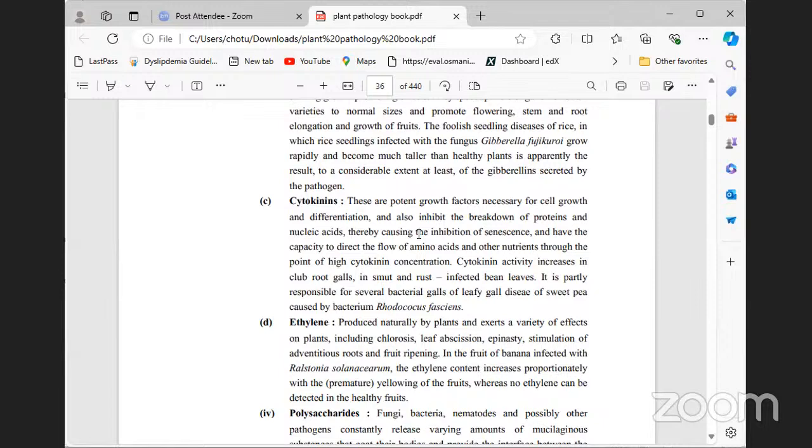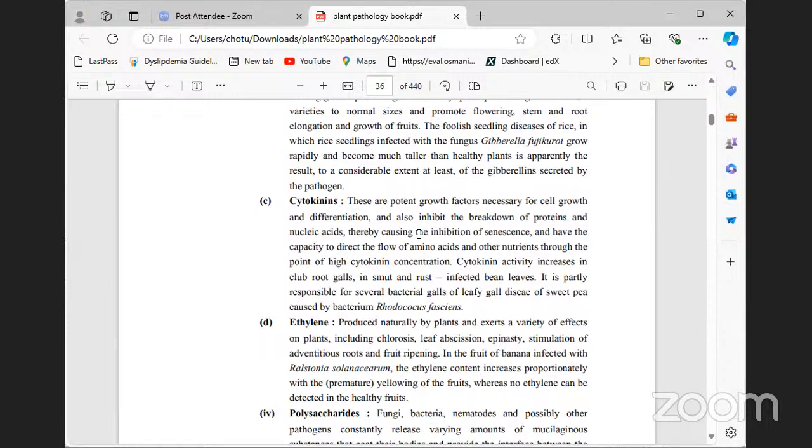The third phytohormone is the cytokinin. These are potent growth factors necessary for cell growth and cell differentiation, and also inhibit the breakdown of proteins and nucleic acids, thereby causing the inhibition of senescence, and have the capacity to direct the flow of amino acids and other nutrients through to the point of high cytokinin concentration.